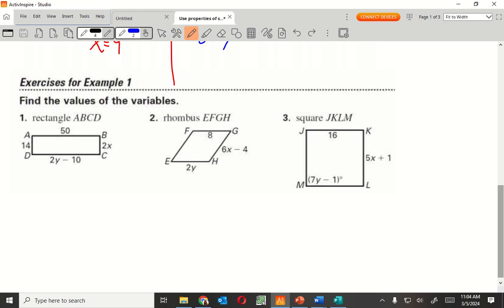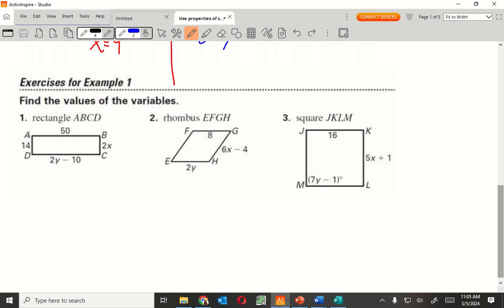Sahawat. How old are you? 16. What about you? Same.